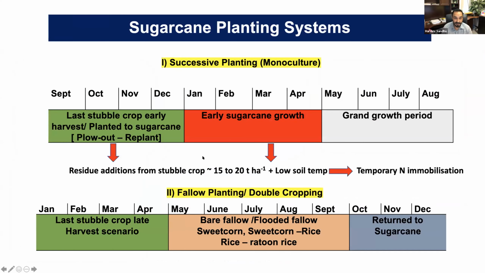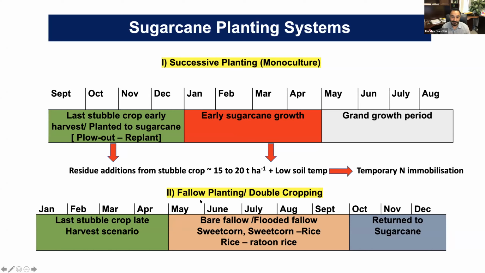So, as I just mentioned, in the sugarcane planting system, in successive planting, which we also call sugarcane monoculture, we grow sugarcane and then we harvest it after 3 to 4 years, and we plant sugarcane again immediately after that. Like, just prepare the land and plant sugarcane again. There's no fallow period.